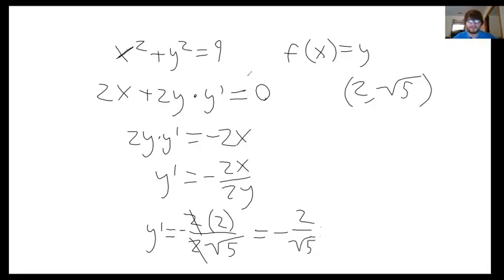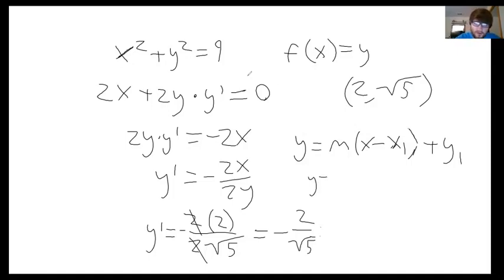All right. So now all that's left is to plug into our equation of the line, or our point slope form. So we have y is equal to m times x minus x1, or whatever point we're using, plus y1, whatever our y coordinate is.